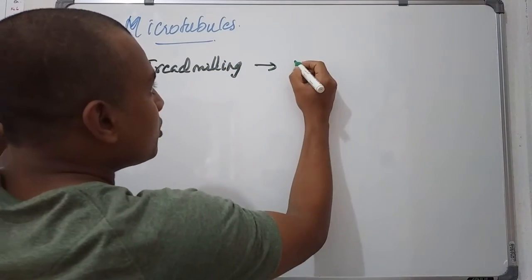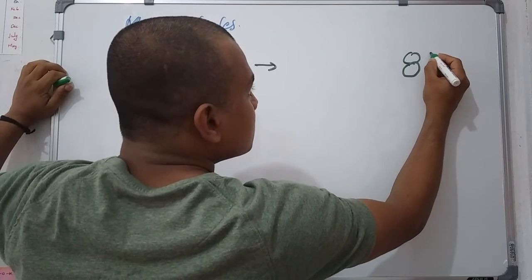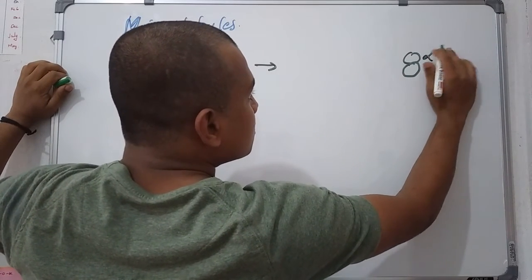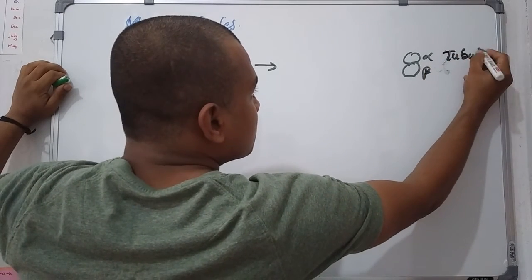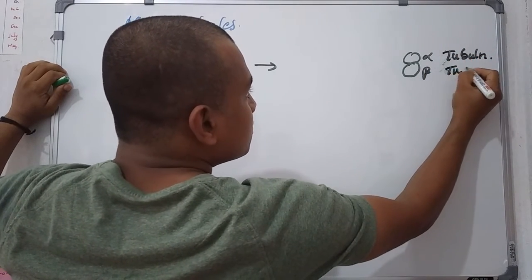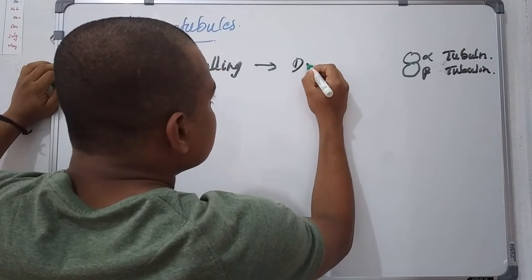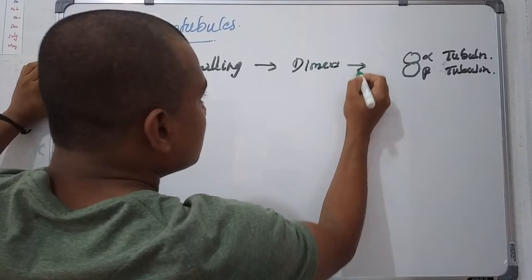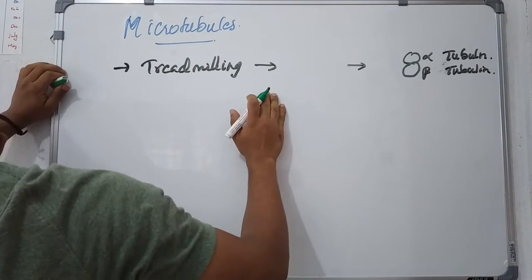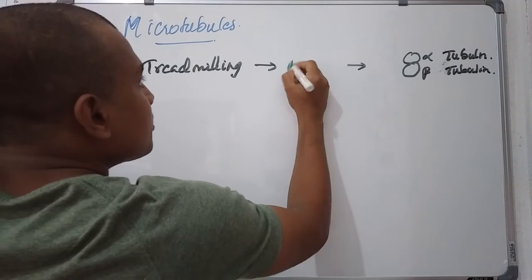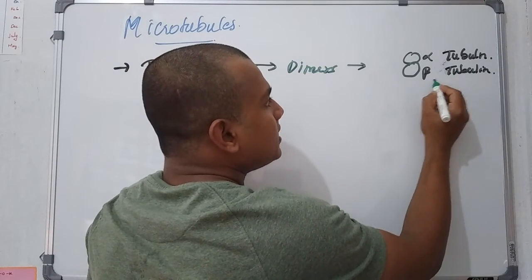They are made up of dimers of alpha tubulin and beta tubulin.